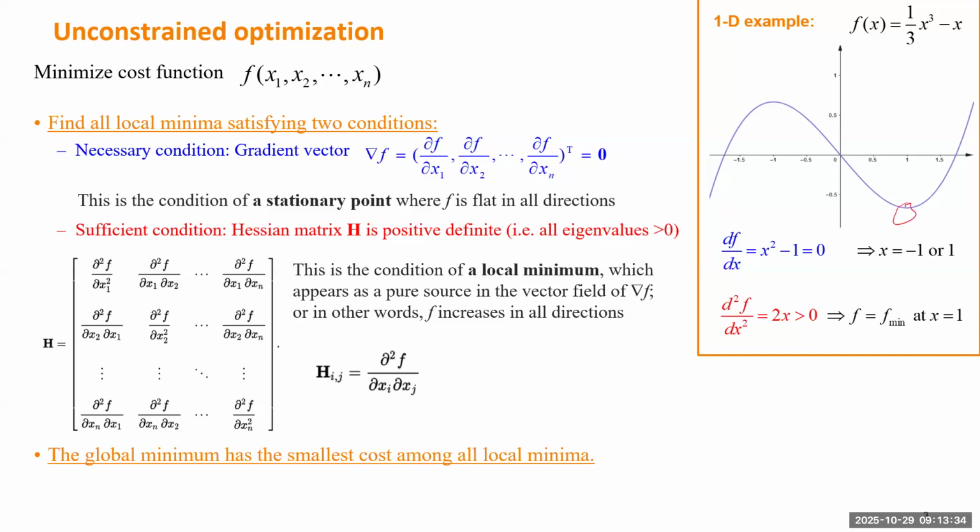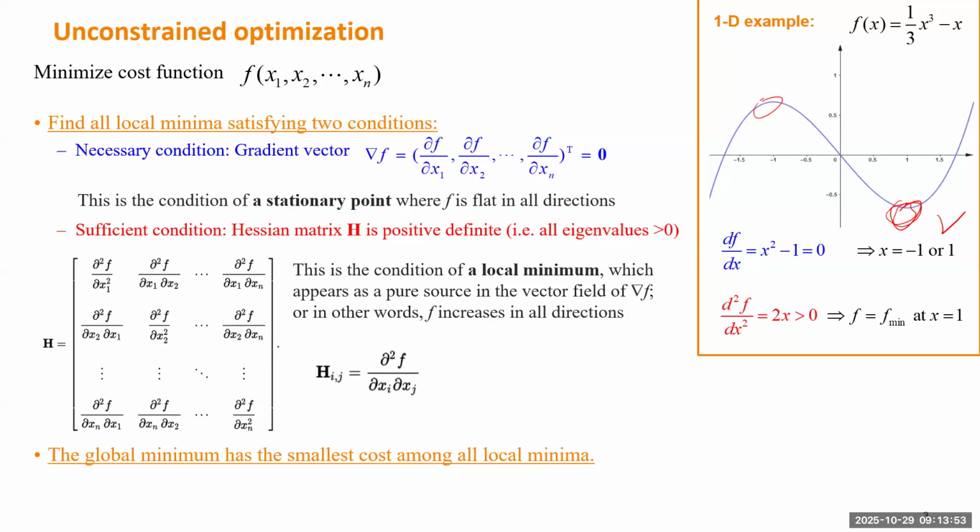By checking both conditions, you can identify the stationary points. For this simple example, checking the second condition confirmed this point will be the minimum. So this is for a simple case.